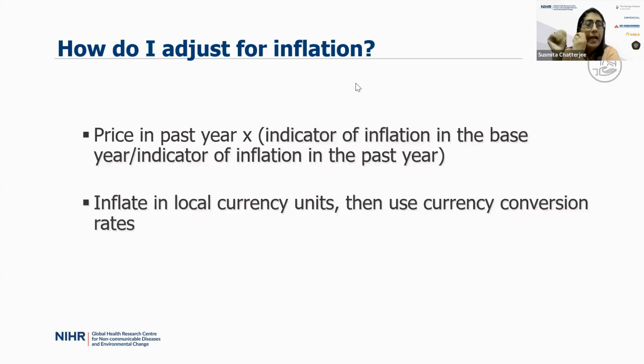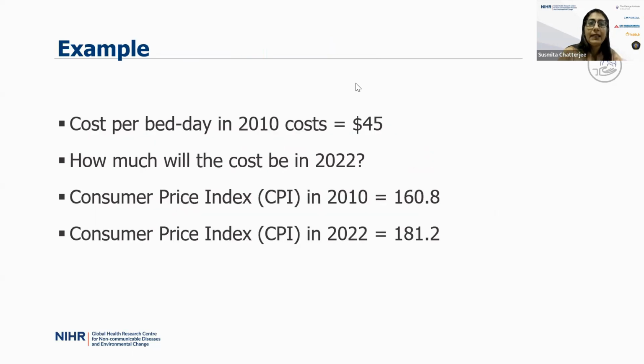I have seen that people straight away convert from a local currency into USD. That's wrong. Local currency to local currency, there will be the transition, and then it will be transferred into USD or whatever currency you want to present. So you need to remember that you first do it in local currency and then make the change.